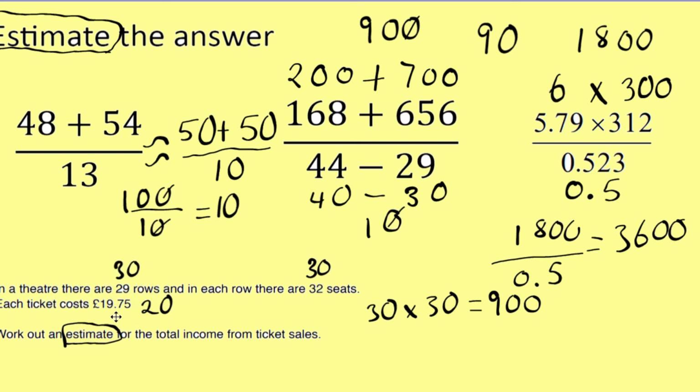And each ticket costs £20. So 900 times by 20. So 9 times 2 is 18. And then 1, 2, 3 zeros. So the total estimated revenue is going to be £18,000.